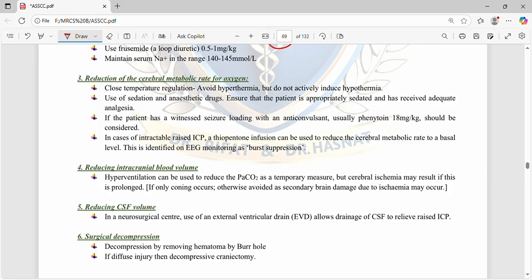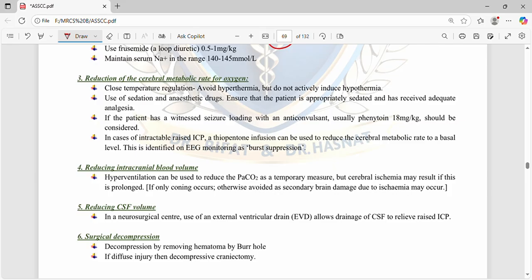But providing hyperventilation will reduce the partial pressure of CO2 as a temporary measure. So this will constrict the cerebral vessels, and it can decrease the raised intracranial pressure. But cerebral ischemia may result if this is prolonged, because it will constrict the cerebral vessels. Use only if coning occurs, otherwise avoid it, as secondary brain damage due to ischemia may occur.